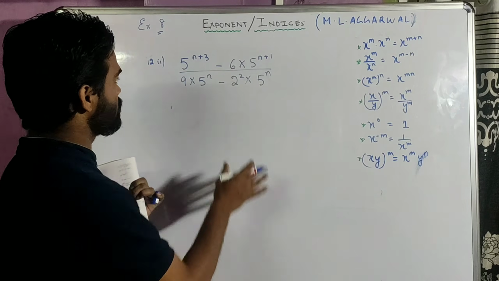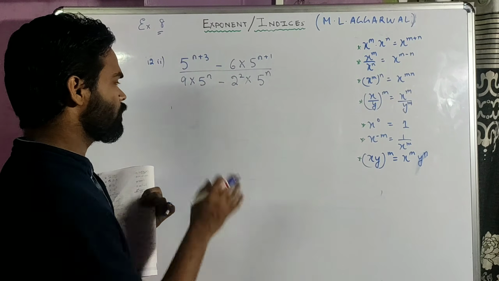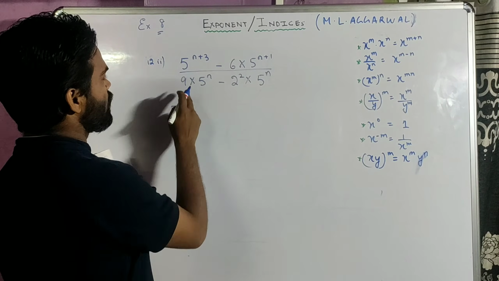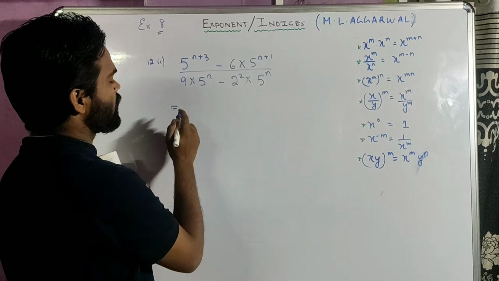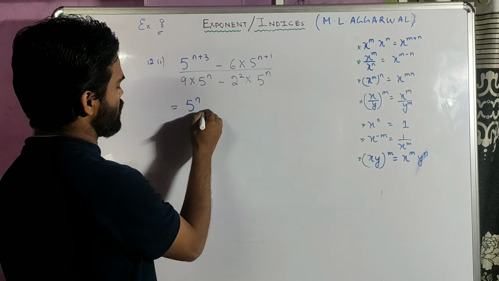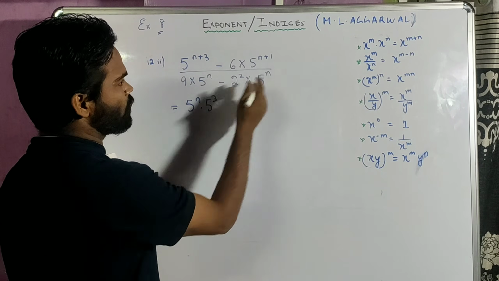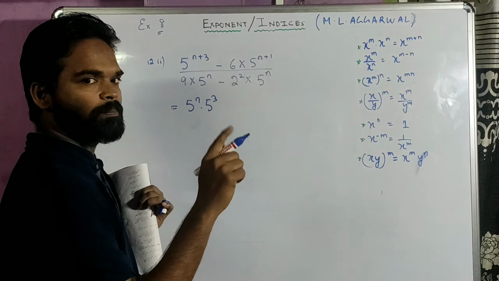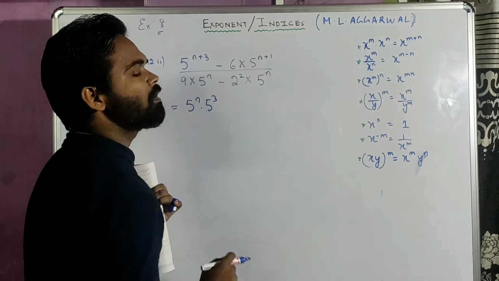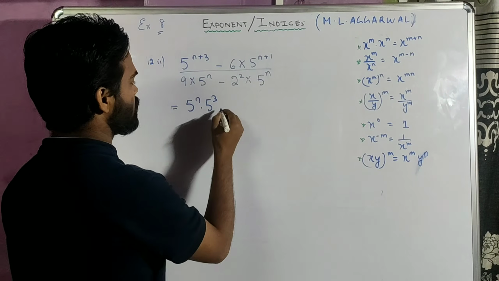Now look at this sum. They've told us to simplify this. Now 5 to the power n plus 3 can be written as 5 to the power n multiplied by 5 cube. X to the power m plus 1 can be written as x to the power m multiplied by x to the power n.